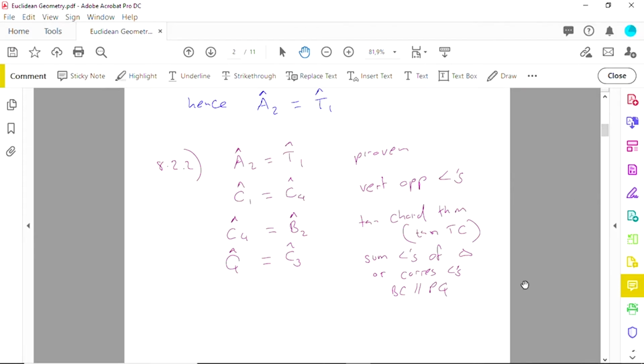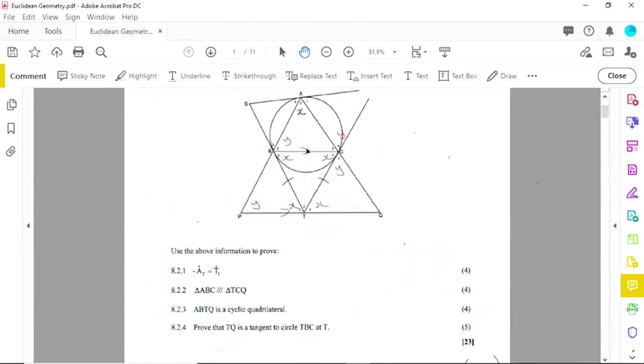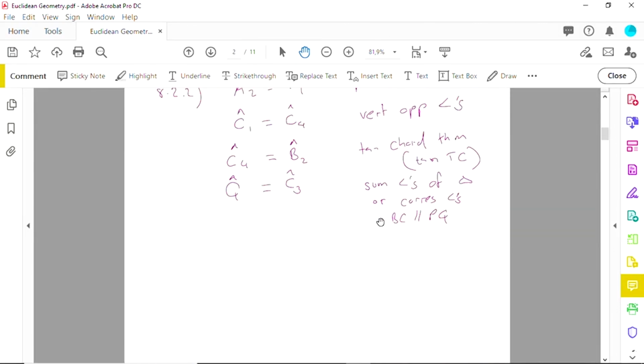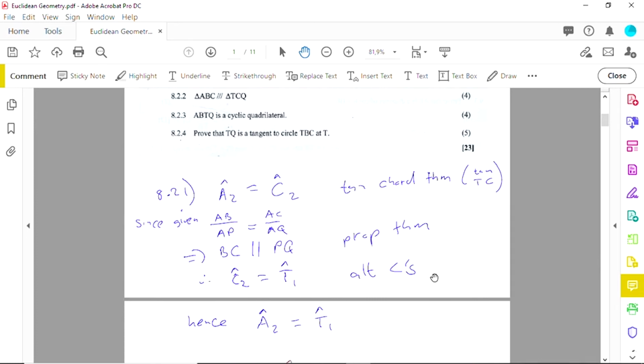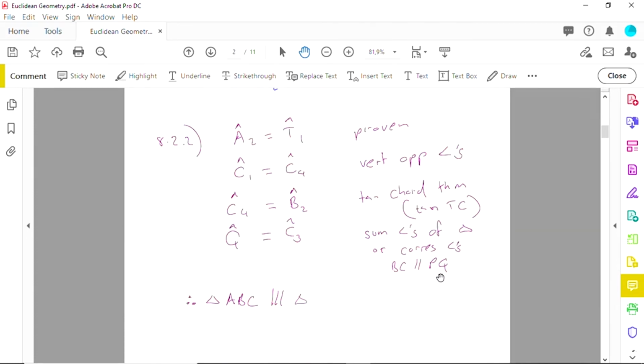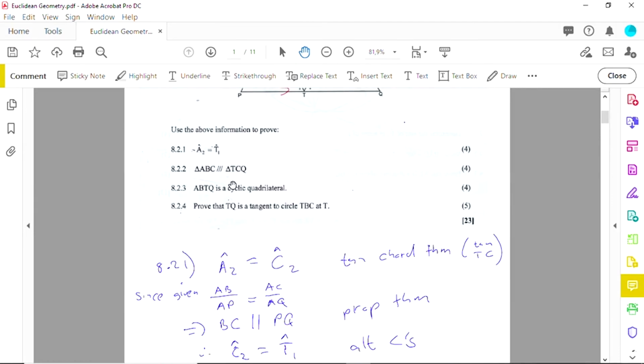So we can either use this statement or this statement. So we have all the angles are equal. Therefore, the triangles must be similar. Therefore, triangle ABC must be similar to triangle TCQ. So we have proven that these two are similar.